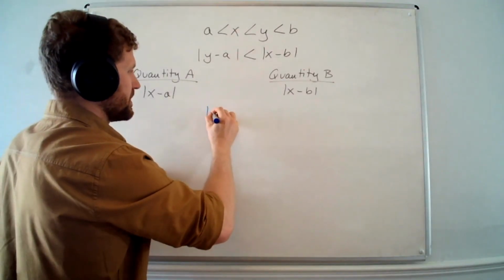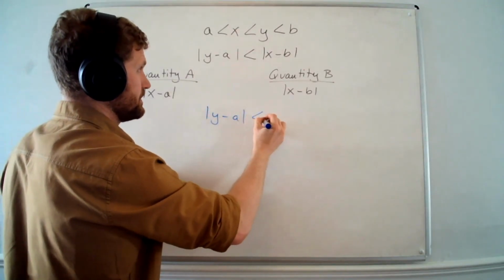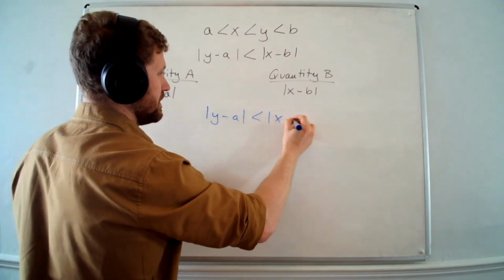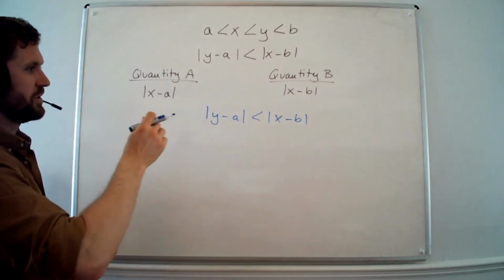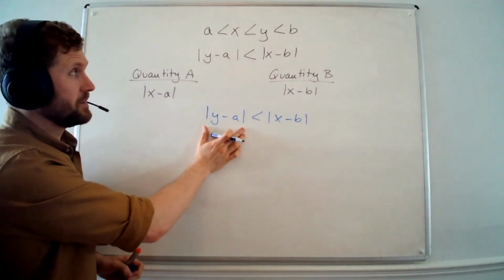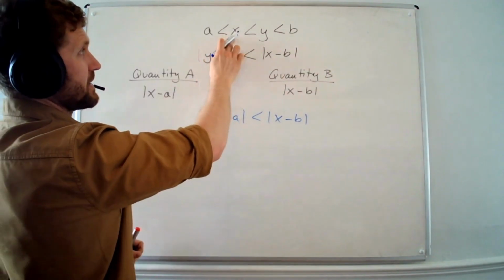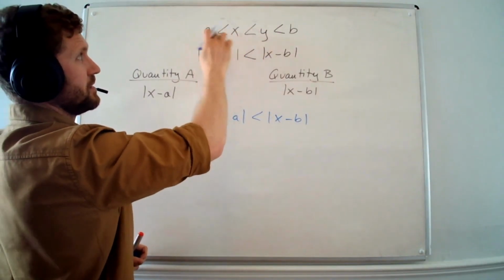And so I'm going to start with this second line. The absolute value of y minus a is less than the absolute value of x minus b. Now if I look at this left-hand side in particular, you notice that x is lying between a and y.